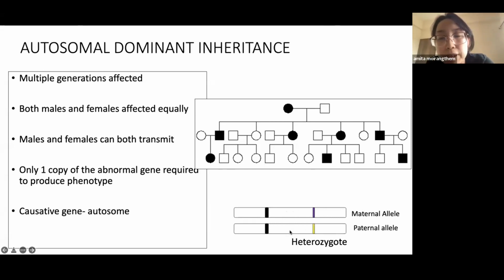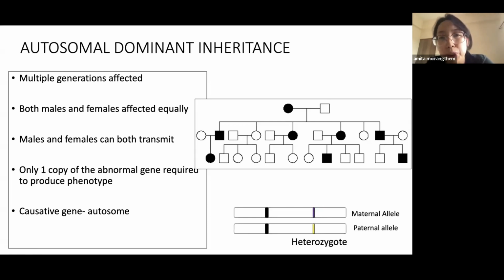Each one of us has two copies of each gene, one inherited from our mother and one from the father. At a particular locus, if the genotype is similar, as here, we call it homozygous. When it is different, we call it heterozygous.